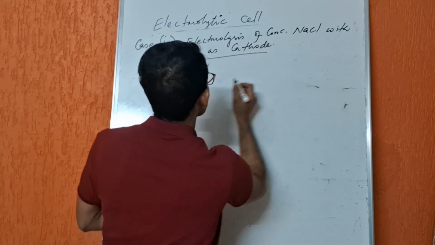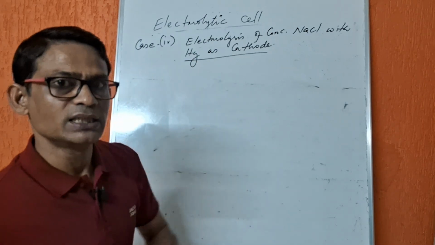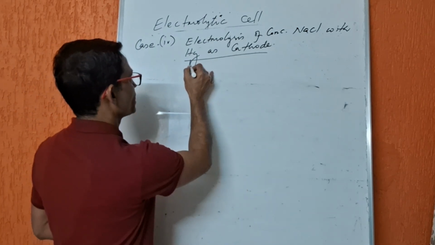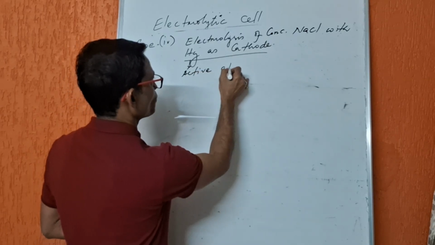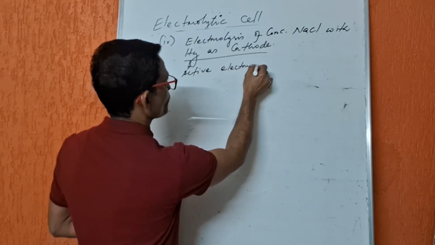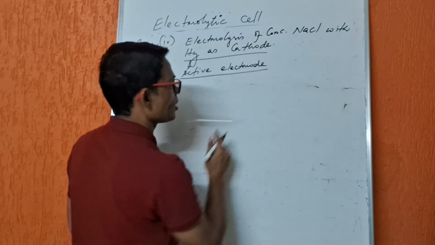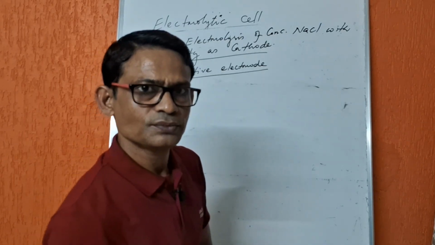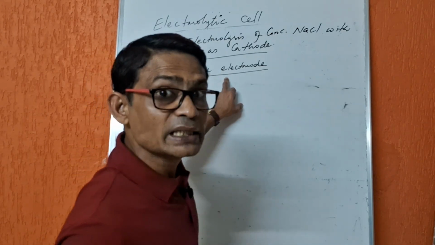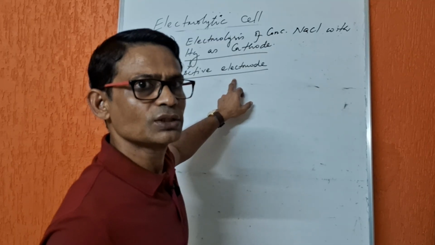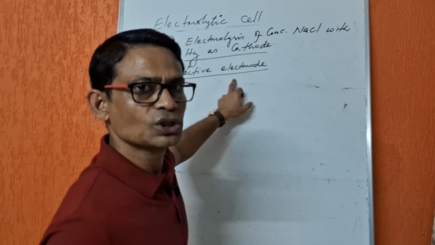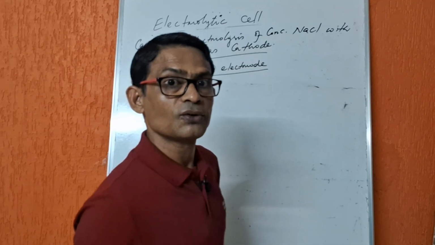That means mercury is the active electrode. For the case of an active electrode, it participates in the reaction before the oxidation or reduction of the cation or anion.